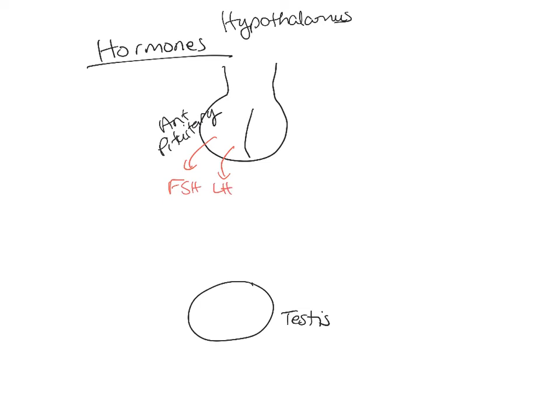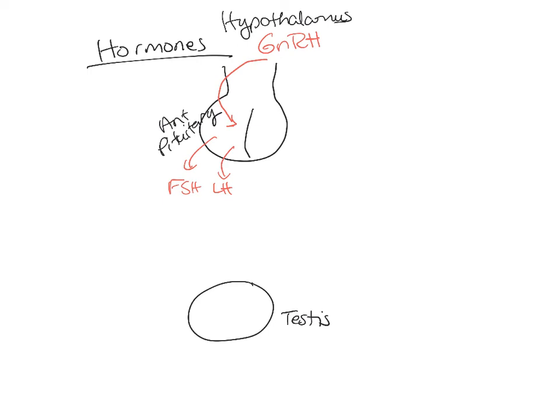They are controlled by a hormone in the hypothalamus that's called gonadotropin releasing hormone. When gonadotropin releasing hormone is released from the hypothalamus, it's carried down to the anterior lobe of the pituitary, and it's going to cause the release of FSH and LH from the anterior lobe of the pituitary.